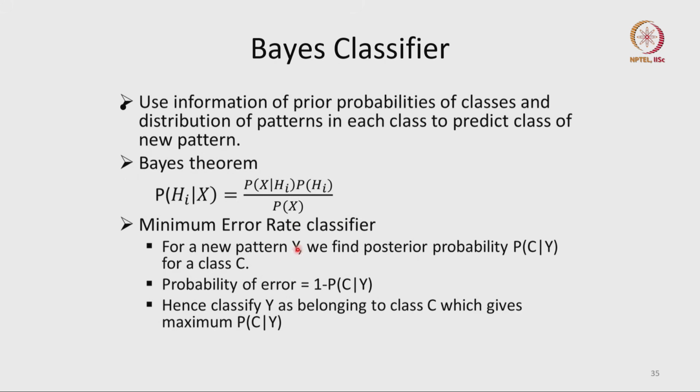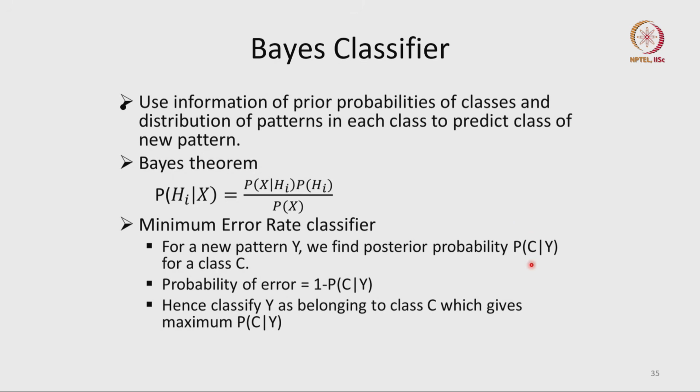So, when you have a new pattern y, we need to find the posterior probability that it belongs to a particular class C given y. Okay.